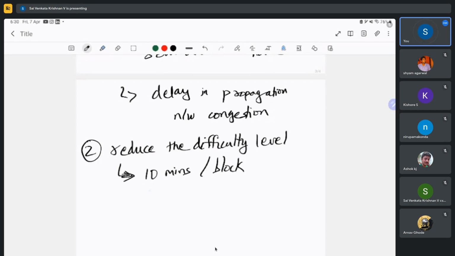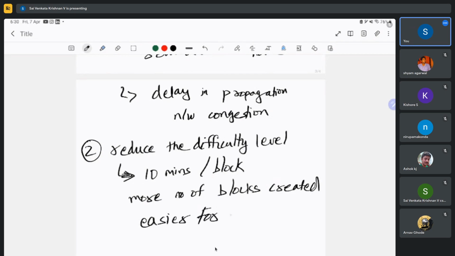As in, if you reduce the difficulty level, then more blocks would be created, because it becomes easier for the miner to solve the proof of work solution.